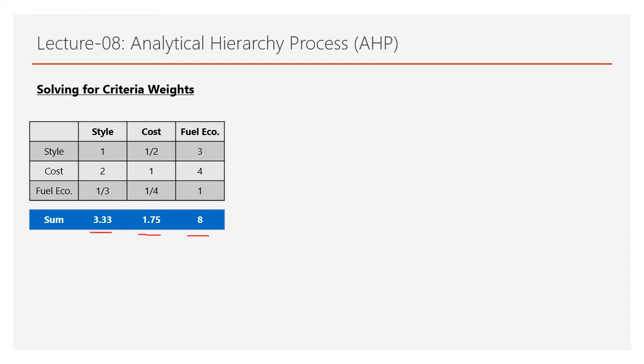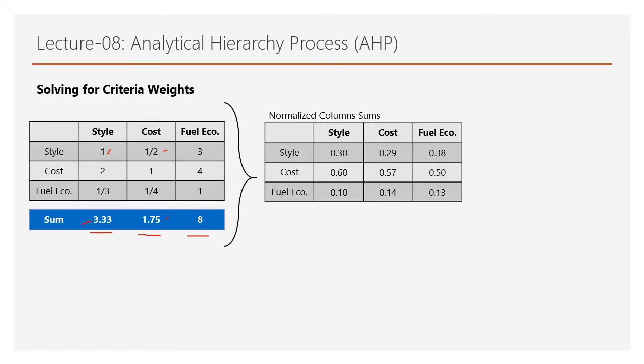So I will build a new matrix, which is the normalized matrix of this one. I simply divide each cell by the corresponding column sum. So 1, I divide by 3.33, 2 over 3.33, and 1/3 over 3.33. Then 1/2 over 1.75, 1 over 1.75, and so on and so forth, to build our matrix normalized by column sums.